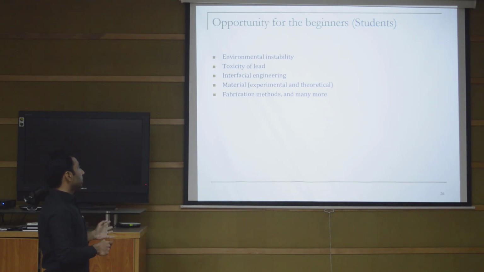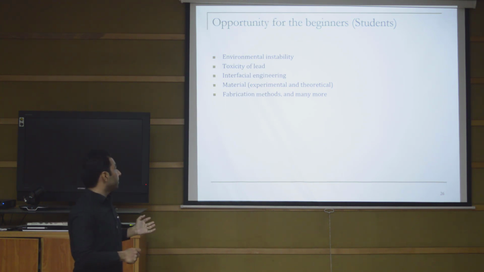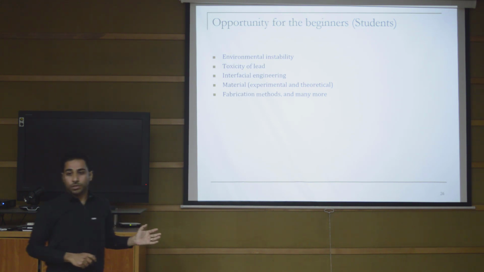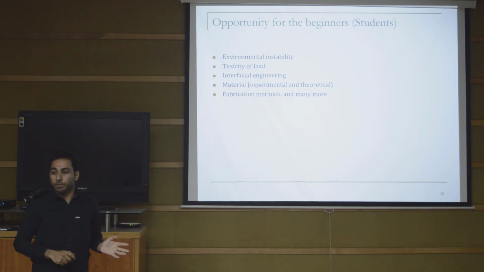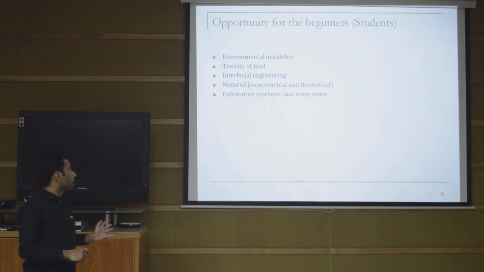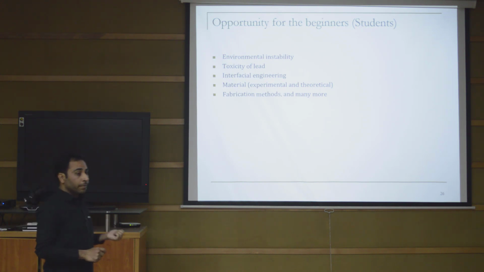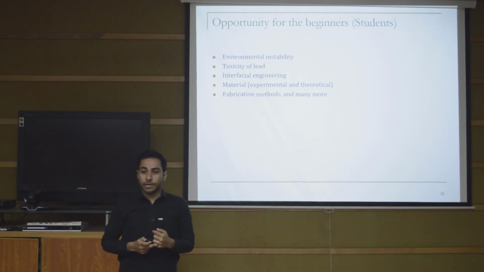Okay, so this part of the talk is most important, because if somebody wants to start their work in the field of perovskite, you must look here for the opportunities. The uppermost thing is the environmental stability of the perovskite material.